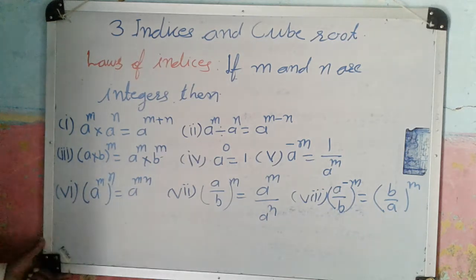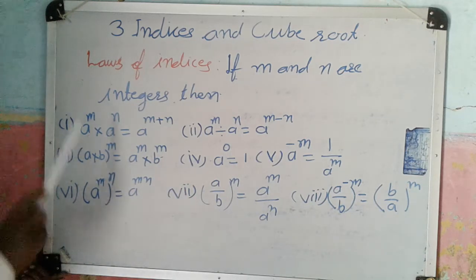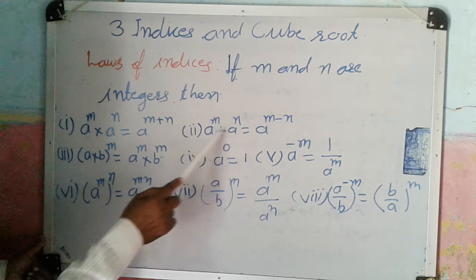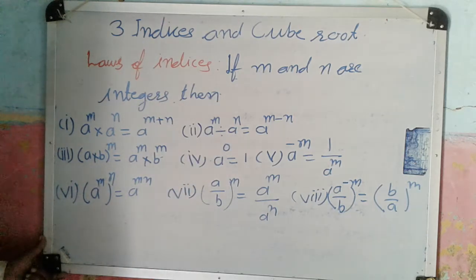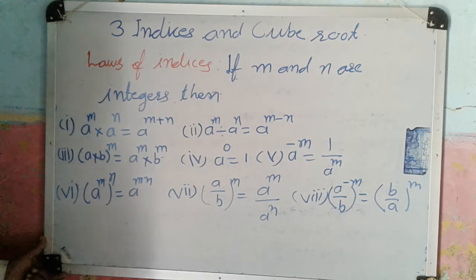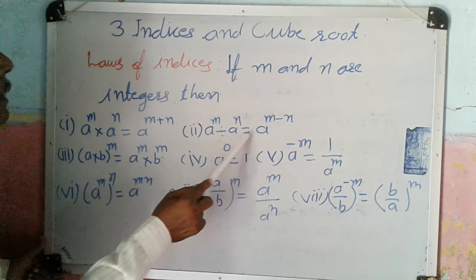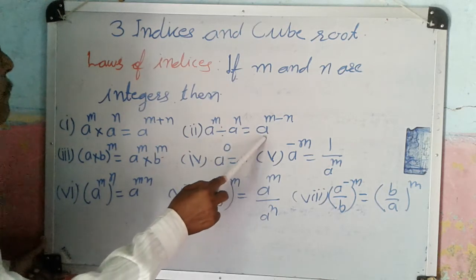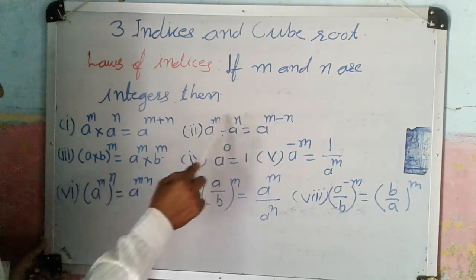Now the second law is for division. First is for multiplication. Here also two numbers are in index form having equal bases and division is there. So in this case, take the same base and subtract the indices.